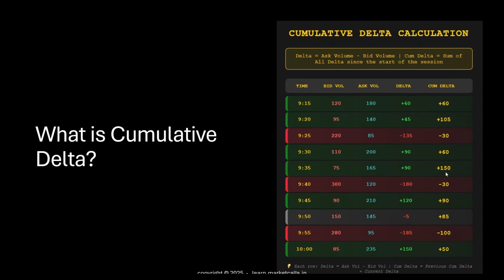At any given point in time, maybe at 9:55, if the delta went negative, that means at that time the control is shifting from buyers to sellers. Last Friday, if you would have seen, the delta was continuously negative, the market also kept on falling, and cumulative delta kept on rising. That's what you would have seen last Friday in Nifty. Maybe later on I'll show the charts if time permits.